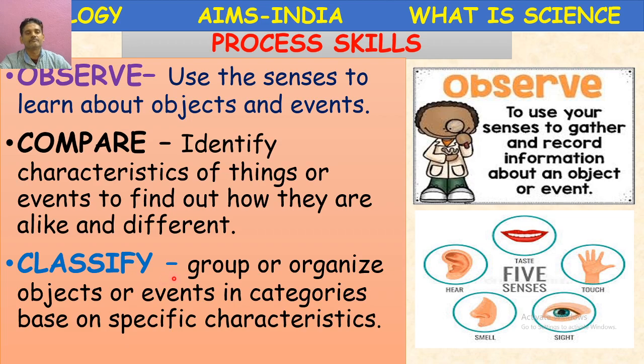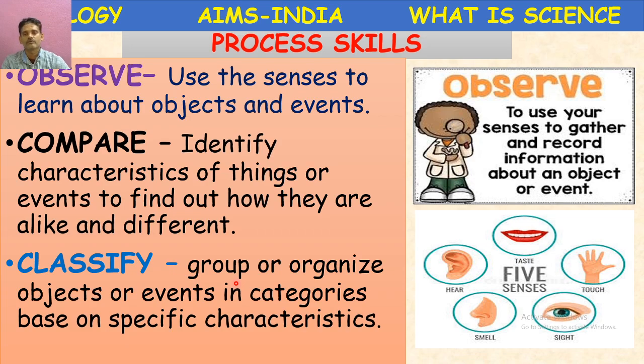Next, classify. It is another very important process skill. Group or organize objects or events in categories based on specific characteristics. If you have observed several objects, you have to categorize or classify those objects, or divide them depending upon their similarities.